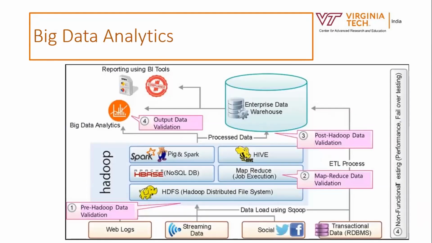Talk about big data analytics. You do have this life cycle. You have weblog and streaming of data and social networks giving a lot of data, and you have transactional databases at the bottom of the slide, which are the sources of the data, and they get consumed or processed by the Hadoop systems or Hadoop Distributed File System, which is also called HDFS, which is basically from the Google File System.